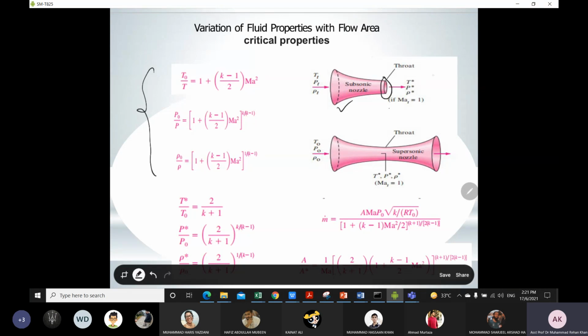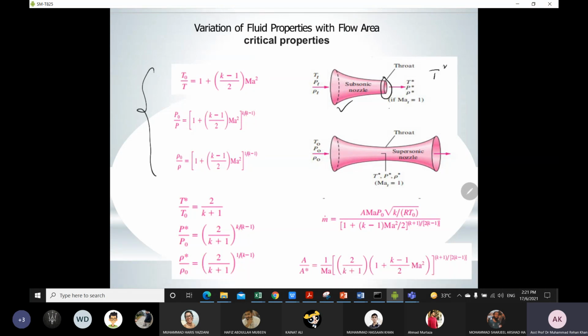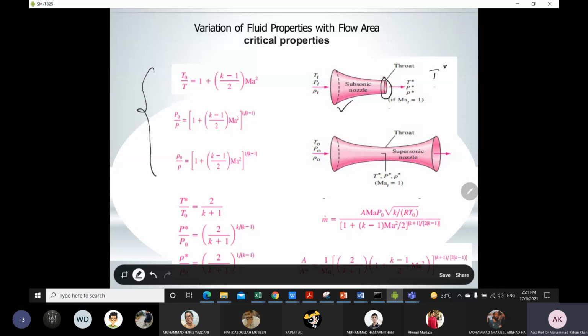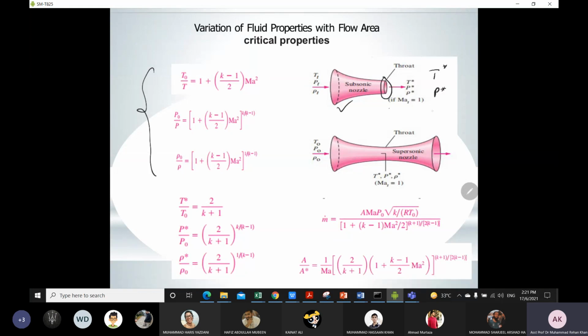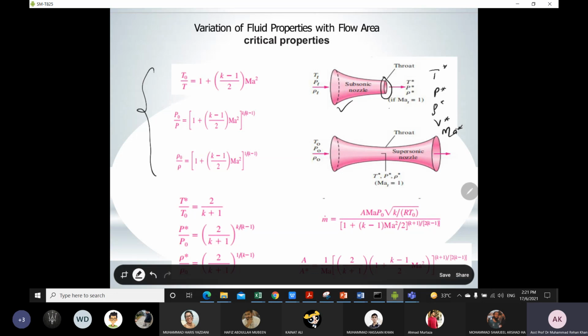Okay, and the properties that we define at this point are the critical properties, and we represent them as T star, P star, rho star. If there is a velocity, it is velocity star. If there is a Mach number, it is Mach number star, and any other properties which we have to find at the throat area, or when your Mach number is 1.